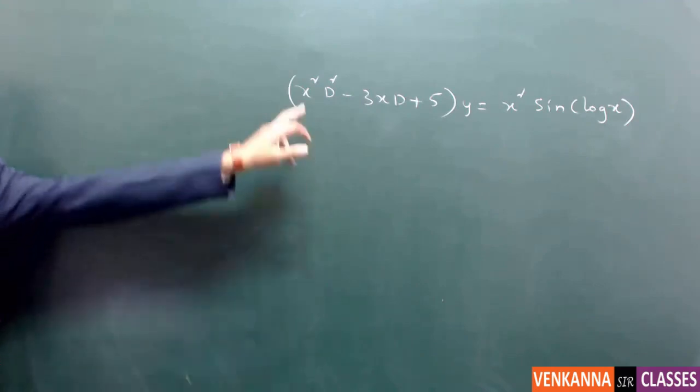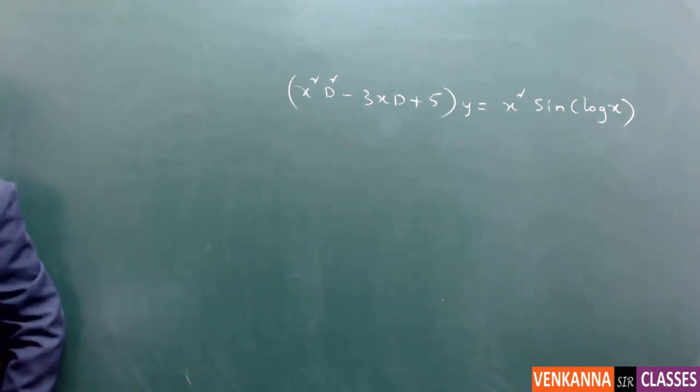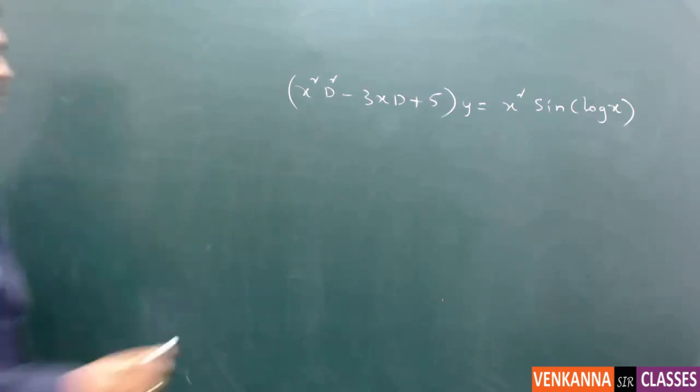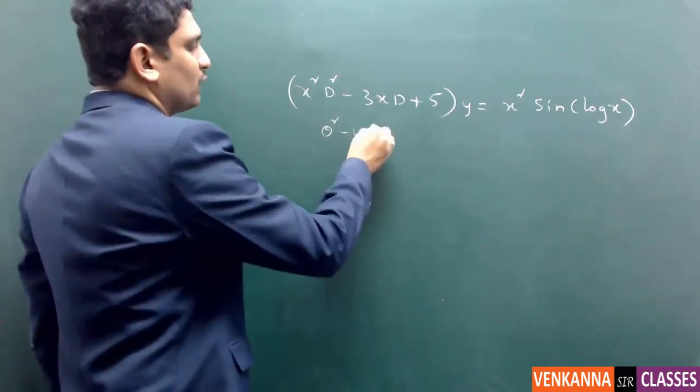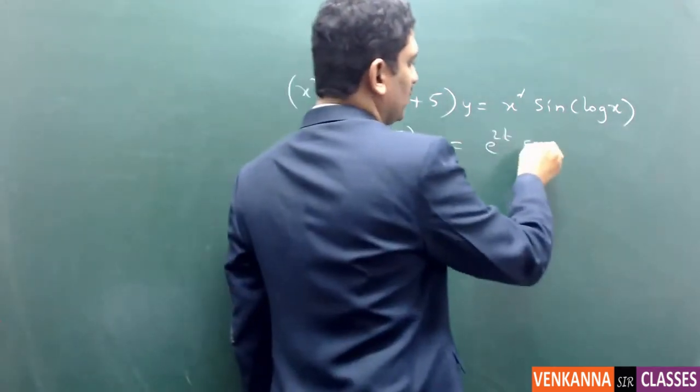So you please give me the corresponding coefficient here by substituting the respective values. Theta square minus 4 theta plus 5. Is that right? Yeah. So theta square minus 4 theta plus 5 of y is equal to e power 2t into sin t.